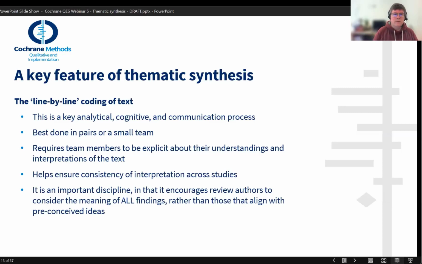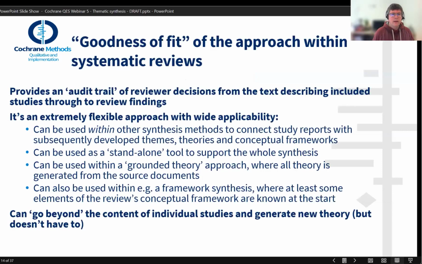And it forces you to be really clear and explicit about what your interpretation, your understanding of the text is. So you get good consistency in your interpretation of the text across the studies within the team. And like the last bullet point says, it forces us to be clear about all the findings rather than just those which align with our preconceived ideas.